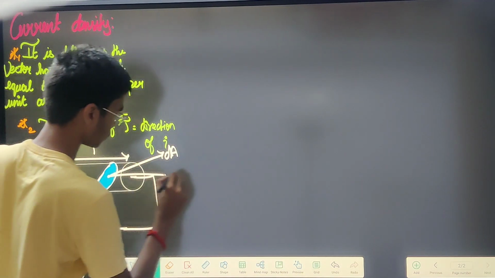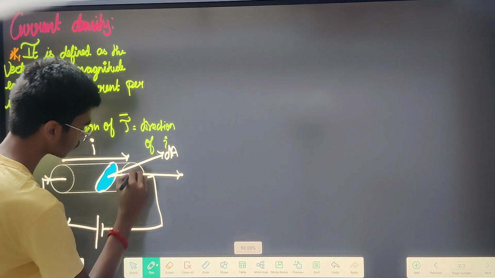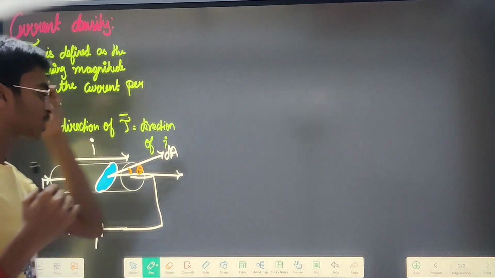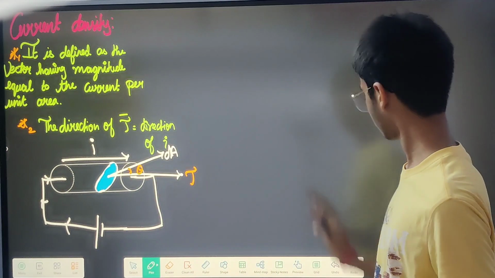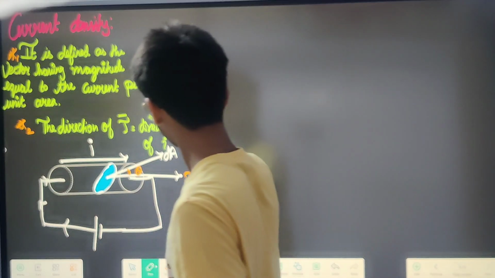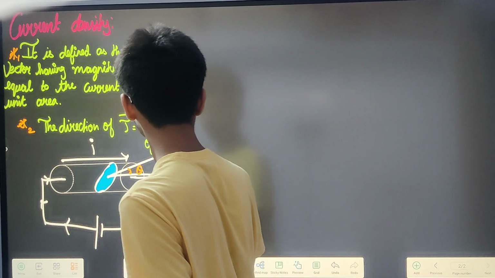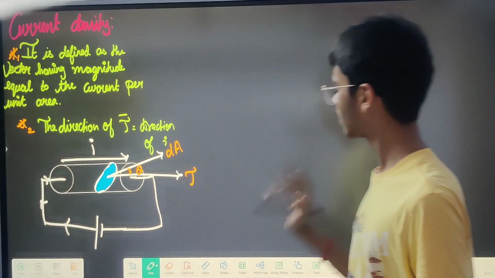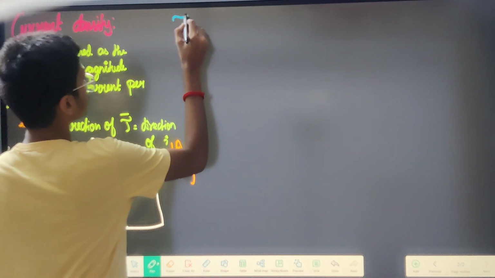Now I'm just going to consider theta, and here this is J, which is actually current density.